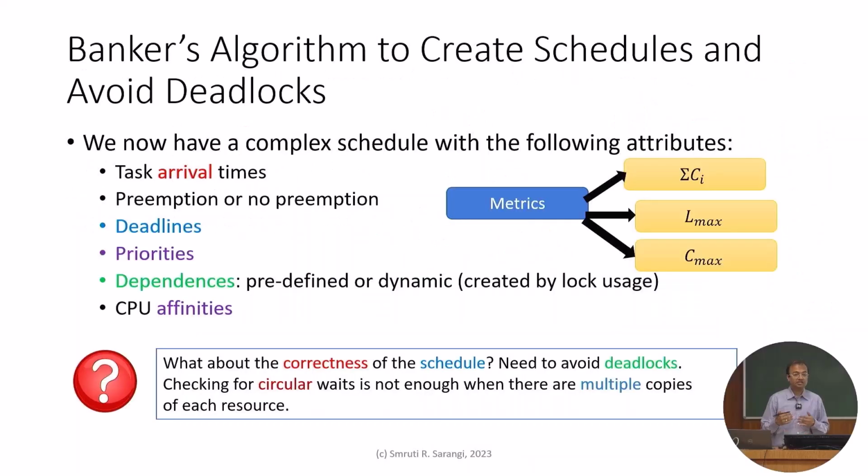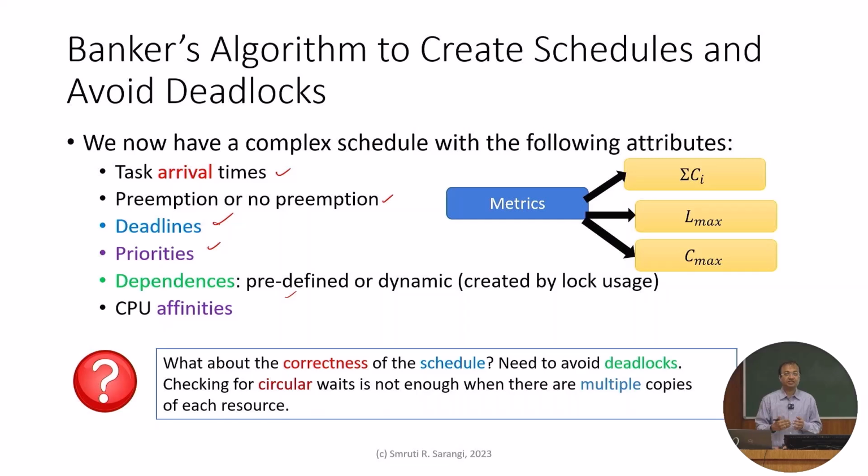So now we will look at a multi-resource scheduling case. We have looked at complex schedules where we have different arrival times, preemptions, deadlines, priorities, dependencies. Also, you can have CPU affinities.